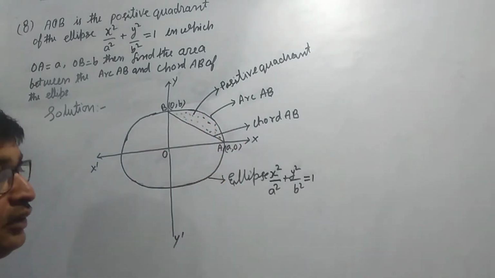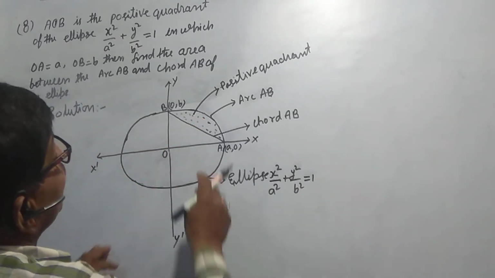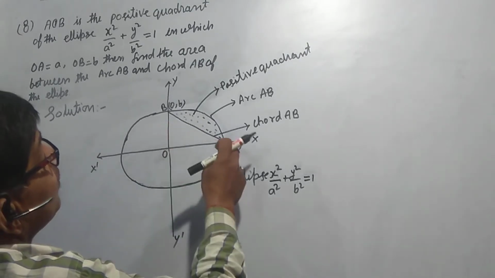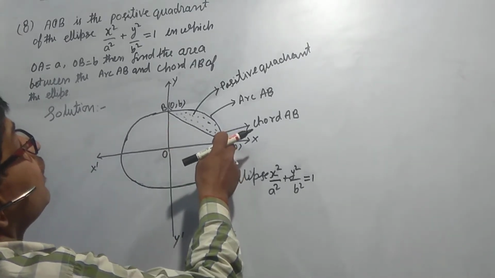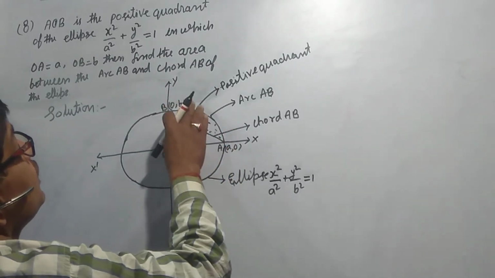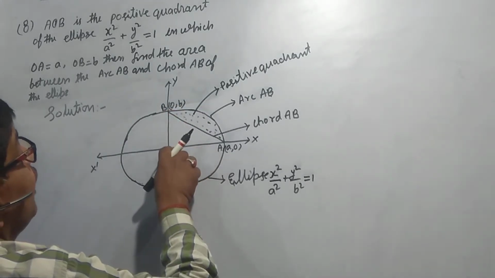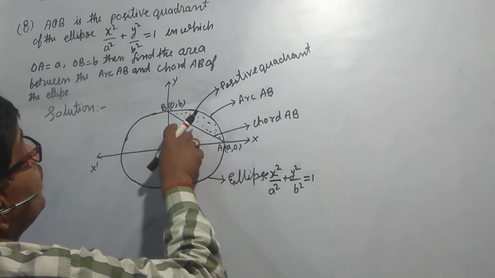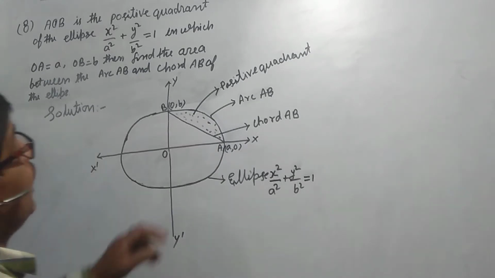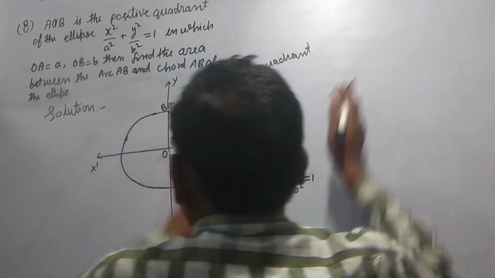For the area of this part, first of all, we calculate the total area under the curve arc AB, and subtract the area of triangle OAB. Then we get the required area.